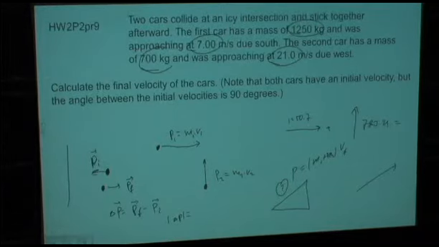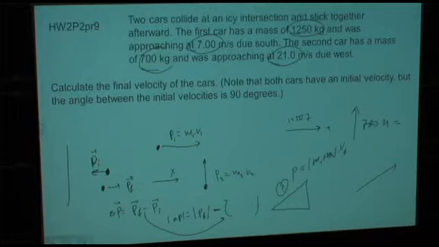We should use magnitudes. So final momentum points to the right, so it's positive. But the initial momentum points to the left. So this minus doesn't go anywhere, it stays. It doesn't disappear. But what we have to subtract is a negative number.